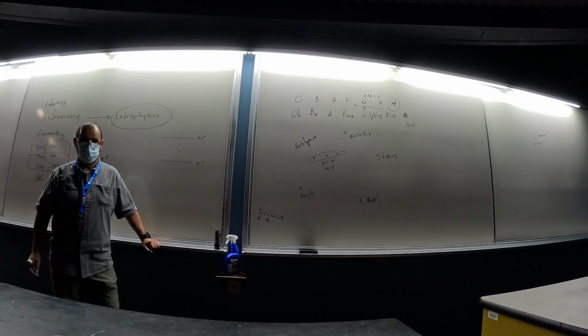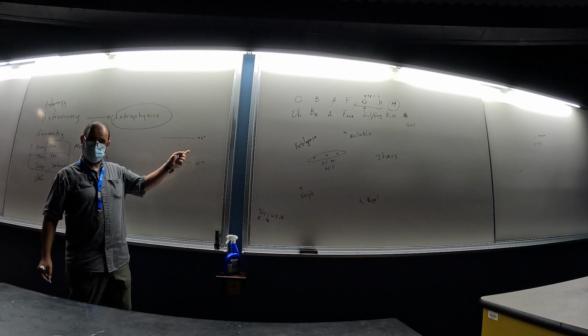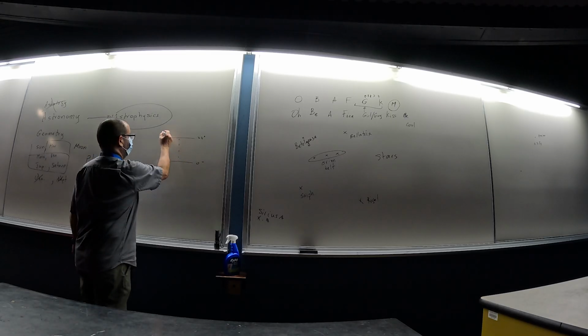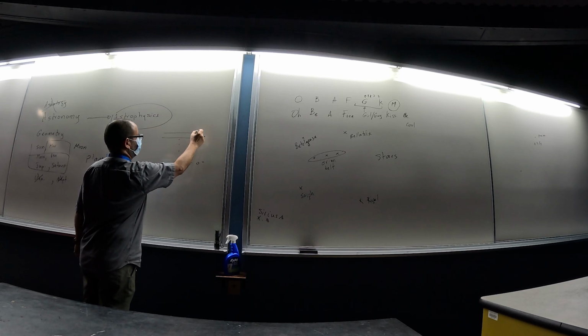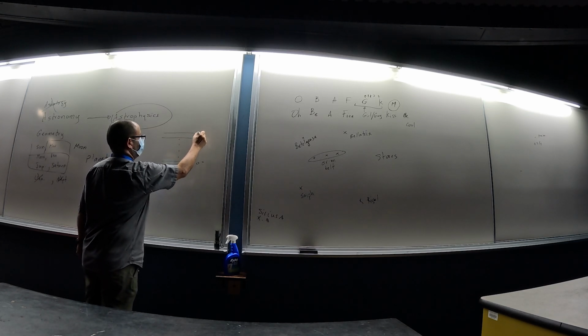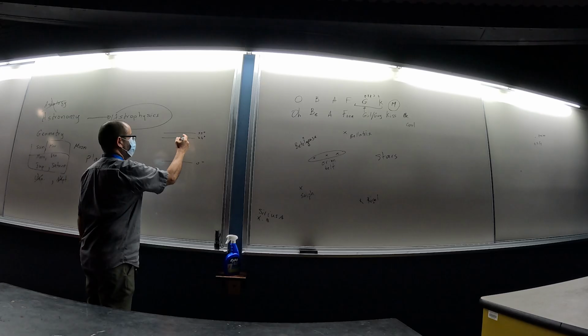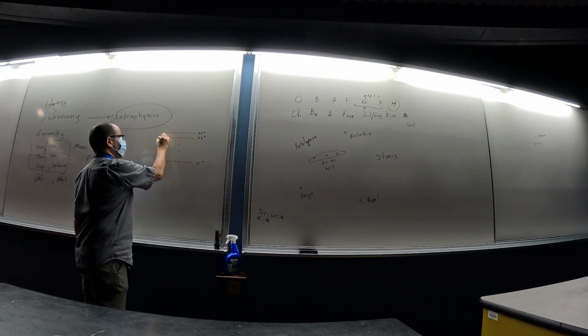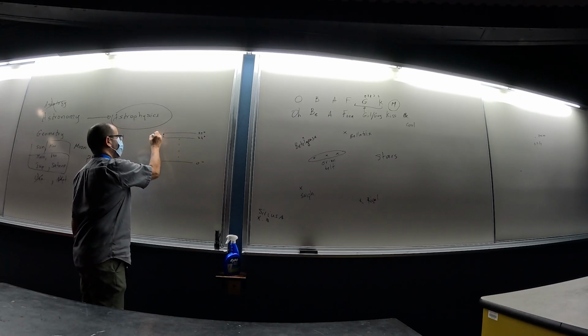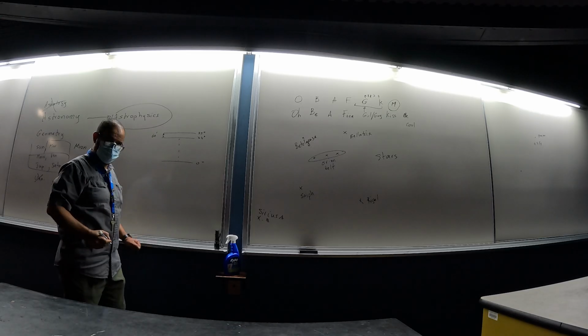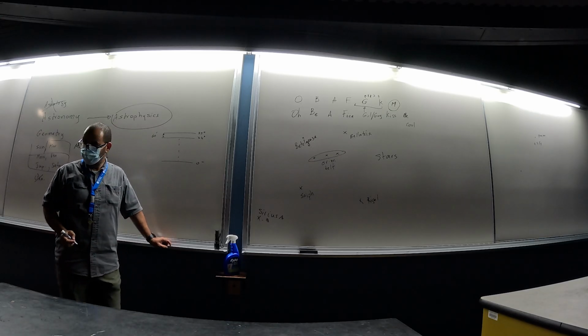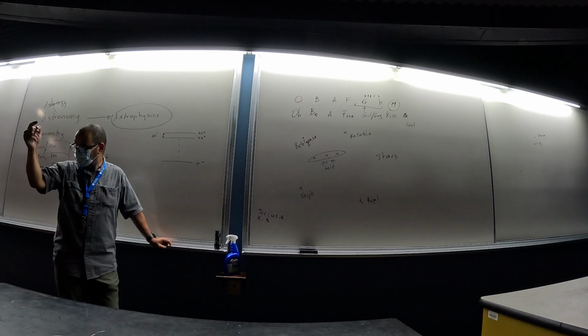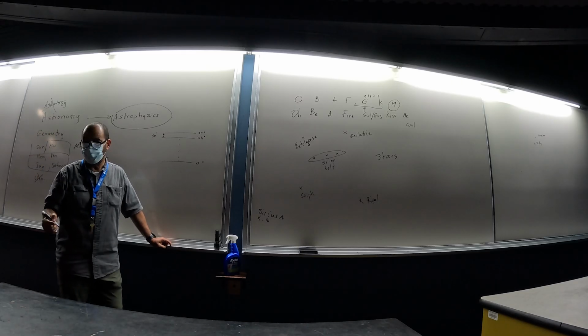The number after 34, what comes? 35, very good, okay? Sometimes I mix up my 3 and 5. So between this and that, there are 60 arc minutes, okay? To go from 1 degree to the next degree.